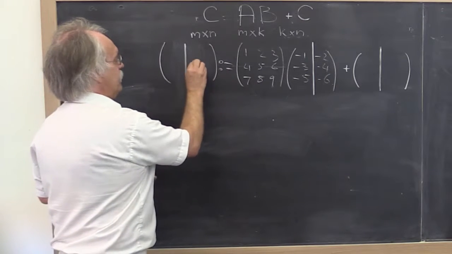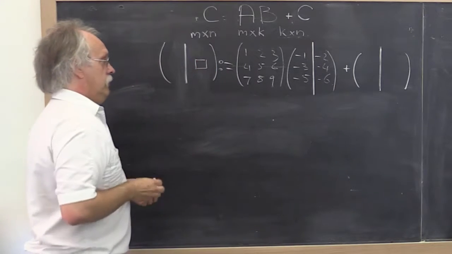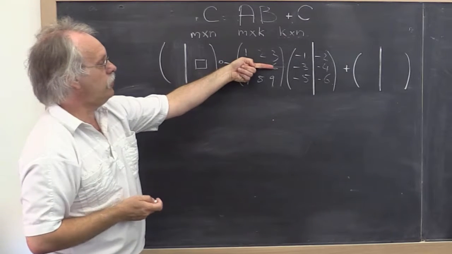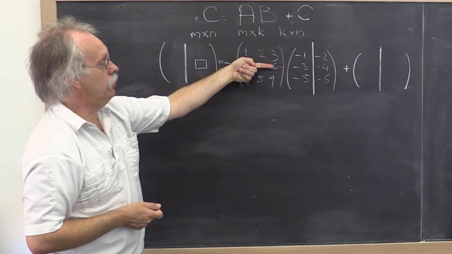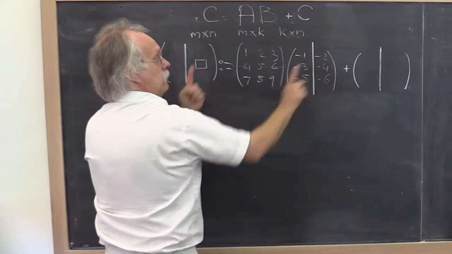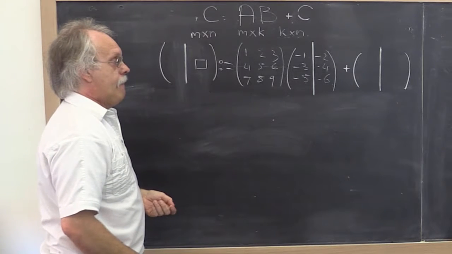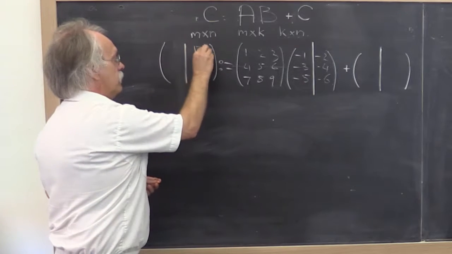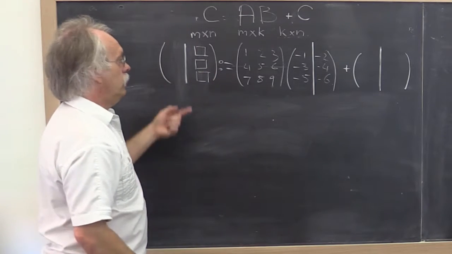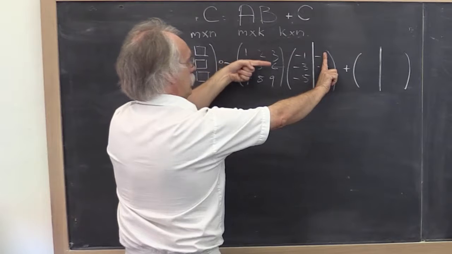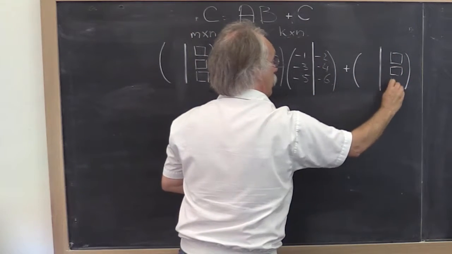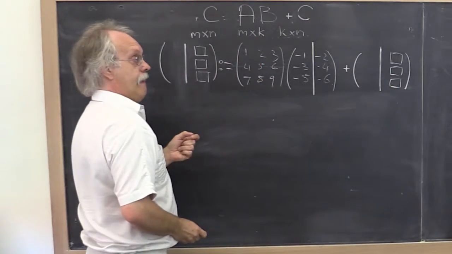If you now look at a typical element in C, how is that computed? It's computed as the dot product of the corresponding row in A with the corresponding column in B. And if you think about all elements in that column, you do dot products like that, of course adding to the elements of C.